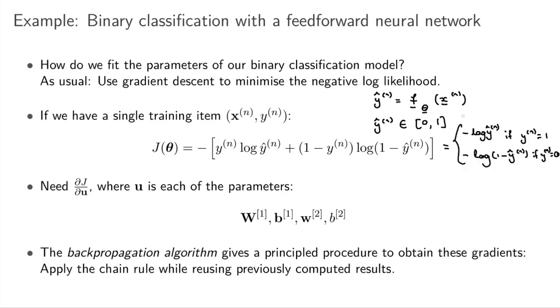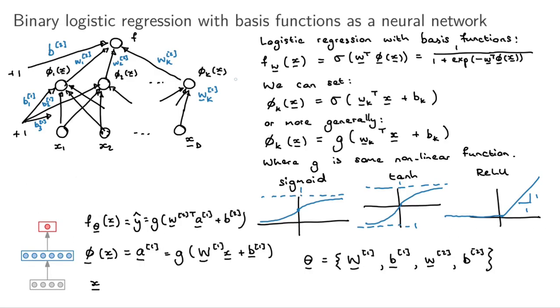Let's quickly jump back and see what our model actually looks like. For this example, our model looks like this. We're going to do binary classification with a feed-forward neural network, and now we're going to learn our hidden representations.